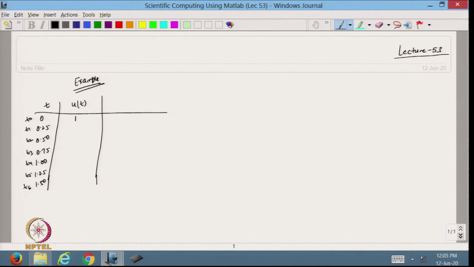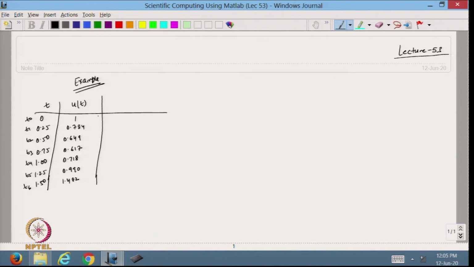So they are 1, 0.784, 0.649, 0.617, 0.718, 0.990 and 1.482.